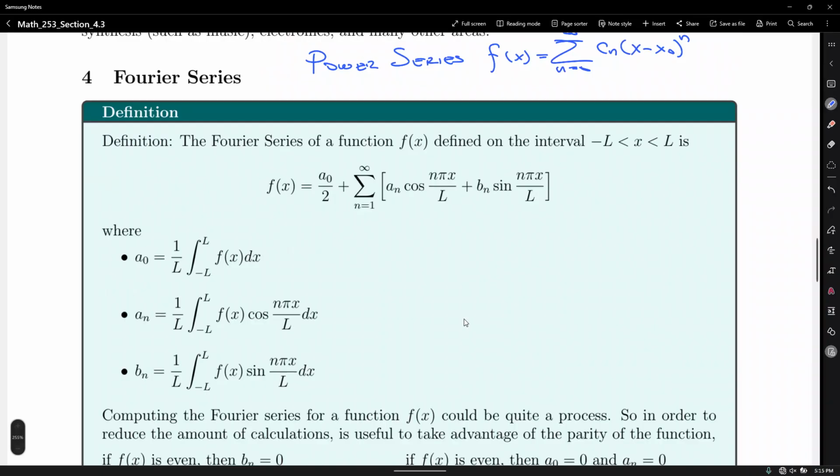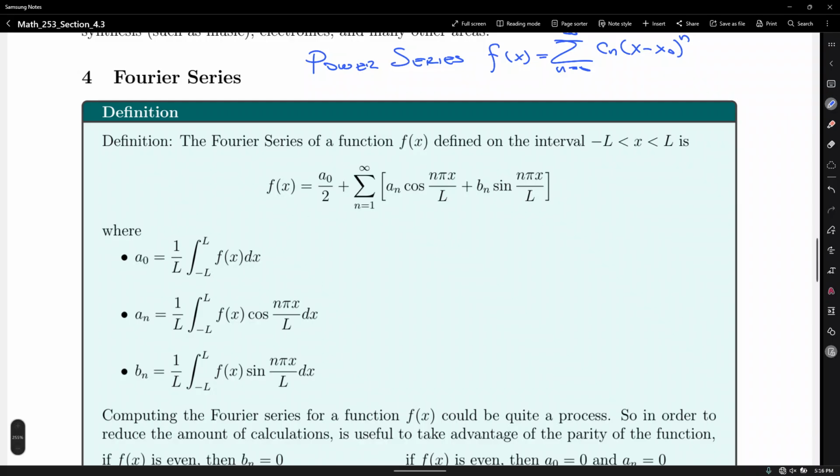Well, the formal definition here is the Fourier series of a function f of x defined on the interval x going between negative L and L is given by f of x equals a naught divided by 2 plus the sum from n equals 1 to infinity of some coefficient a sub n times cosine of n pi x divided by L plus another coefficient b sub n times sine of n pi x divided by L. Where a naught, a sub n, and b sub n are described in terms of integrals.